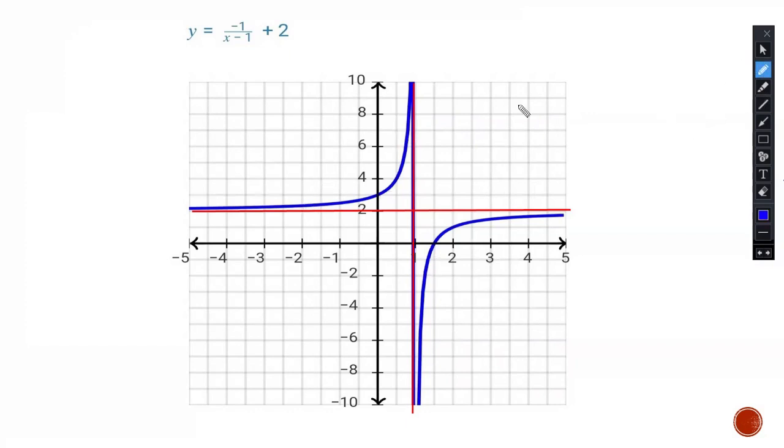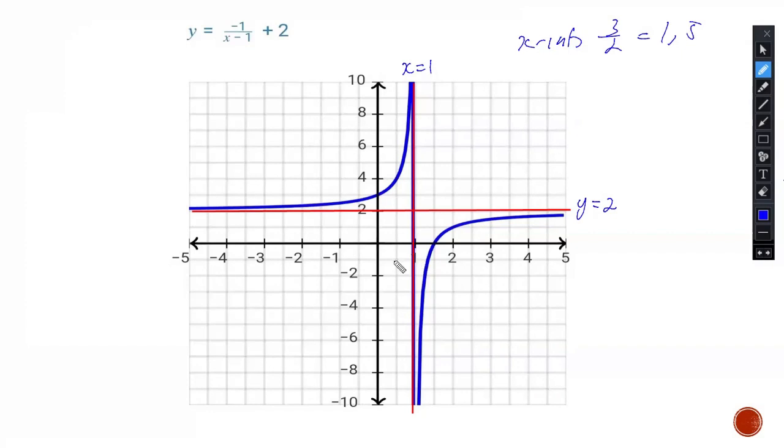And then again, once you have clearly shown that, you can indicate here that this is your y is equal to 2, and then right here you have your x is equal to 1. But then your intercept, remember we did calculate the intercept. We had calculated that your x-intercept was 3/2, which was 1.5.